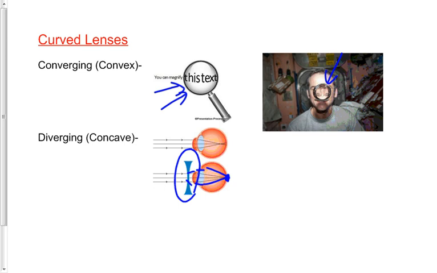Contacts work a little bit different, right? Anybody have contacts in their eyes right now? Contacts work a little bit different. The basic optics principles are the same, but the way that they function in this case is a little bit different. When you have contacts in, it's essentially changing the shape of the lens of your eye.